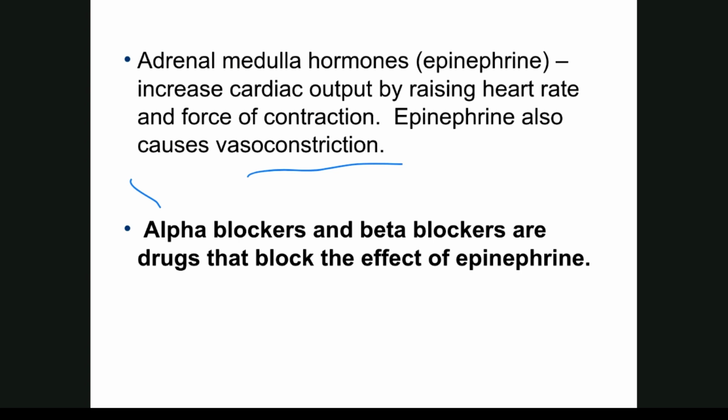Beta receptors are common in the heart itself. If you block those beta epinephrine receptors with a drug like Inderal, propranolol, then you block the effects of epinephrine. So the heart will beat more slowly and not as forcefully.